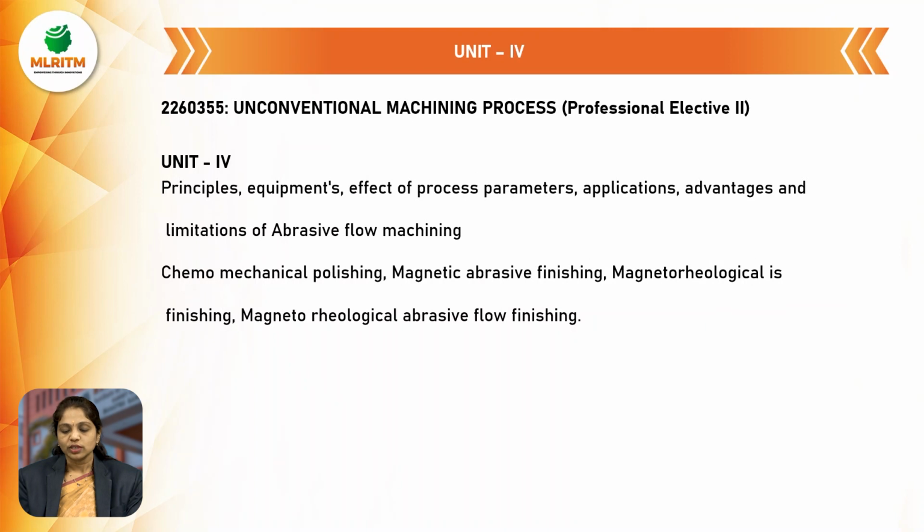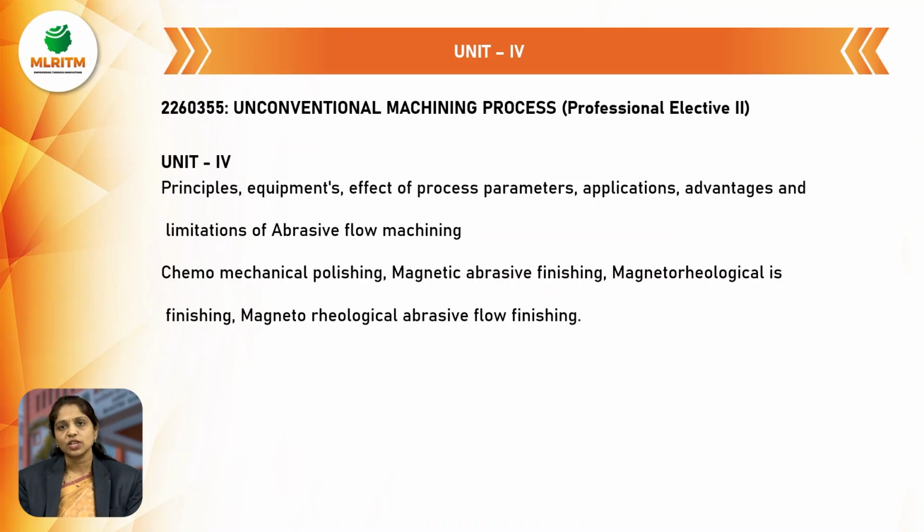In the fourth module, there are different types of energy source, because here we are using different energy sources. From each source conversion, we are removing metal from various materials. So in the fourth module, we have applications like abrasive flow machining.